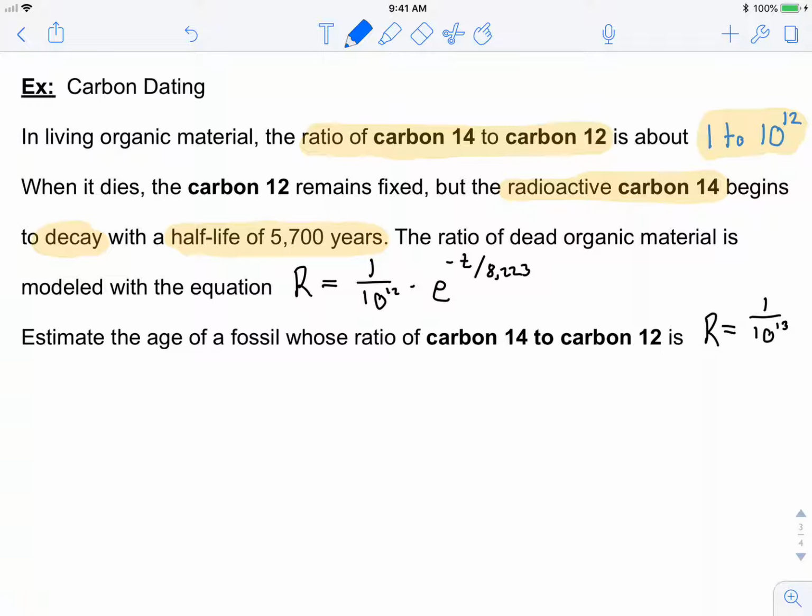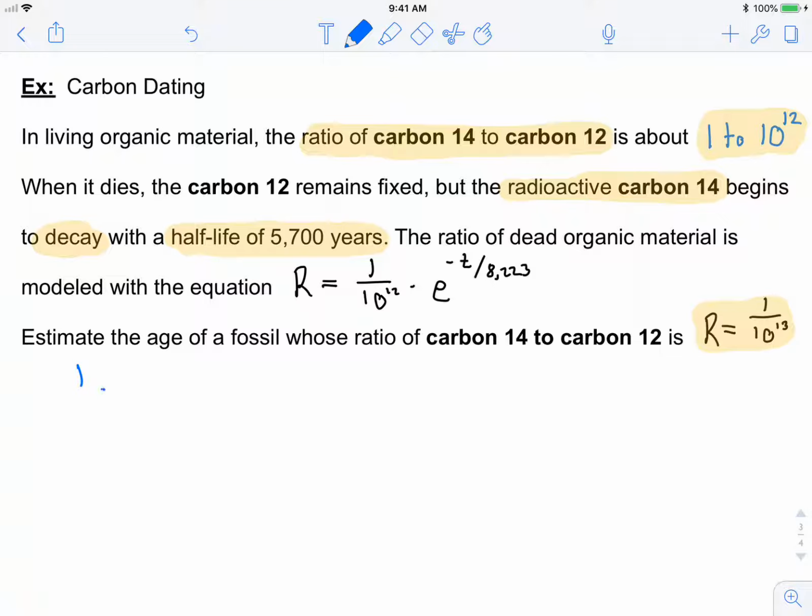So with this equation, if we can plug in some R values, we can find t by back solving, and we can find the age of the fossil if we have a nice ratio of carbon-14 to carbon-12. So for this example, it's given to us that we have some fossil with a ratio of carbon-14 to carbon-12 that is 1 divided by 10 to the 13th. And we'll use this now to approximate the age of the fossil.